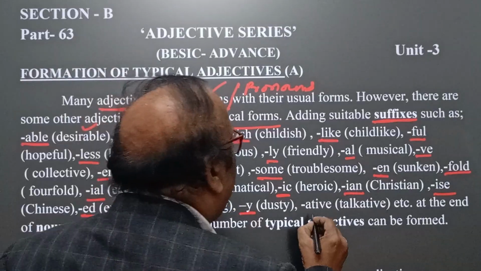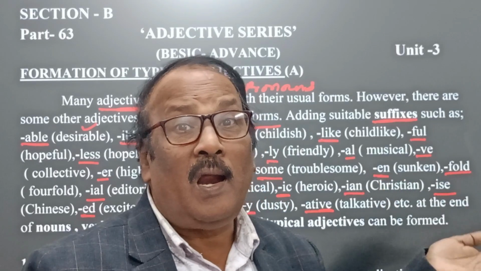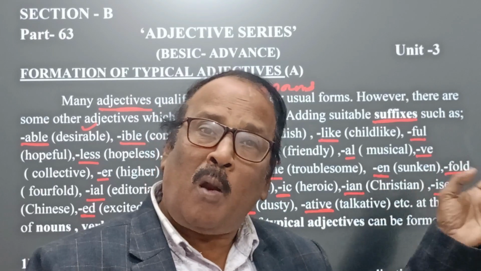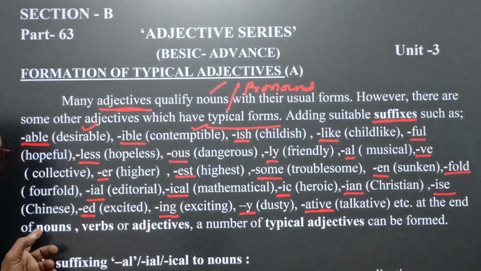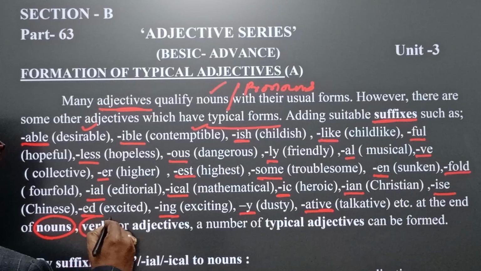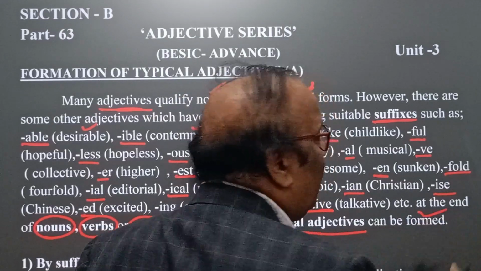We will discuss active, and so on. These are typical adjectives which are formed by adding suffixes at the end of nouns, verbs, or adjectives. A number of typical adjectives can be formed.